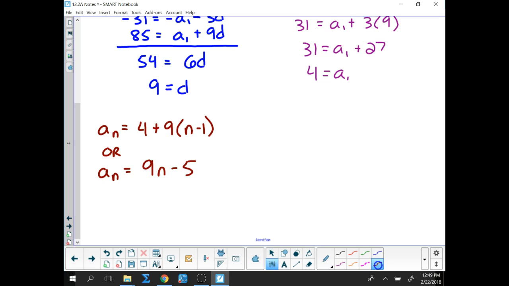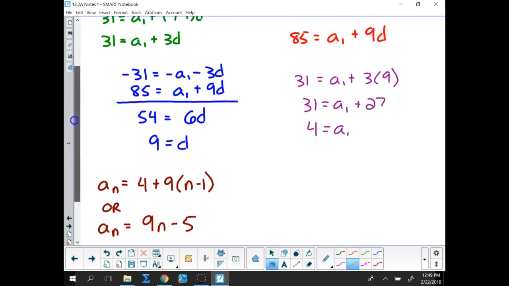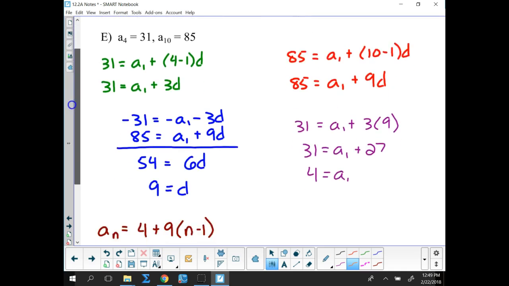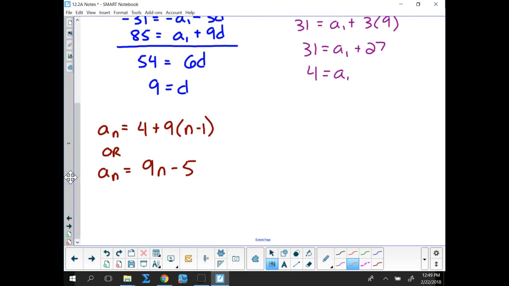Yes? Which then would mean, what were we looking for? 25th term? 25th term, yes. A sub 25 is going to be 9 times 25 minus 5. 9 times 25 is 225.